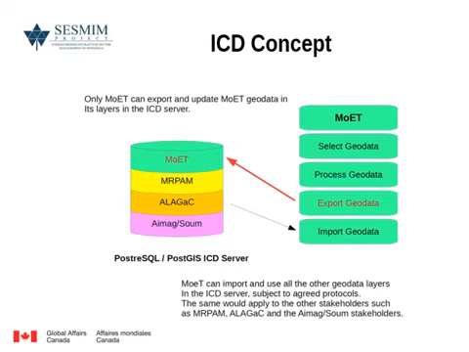In the concept of the model we have, if this is the integrated cadastral database, each stakeholder is the only group that can edit and maintain its own data. Environment will export the geodata onto the PostGIS server. Only Environment can export and update those layers. Environment can import everybody else's data and work with it offline.